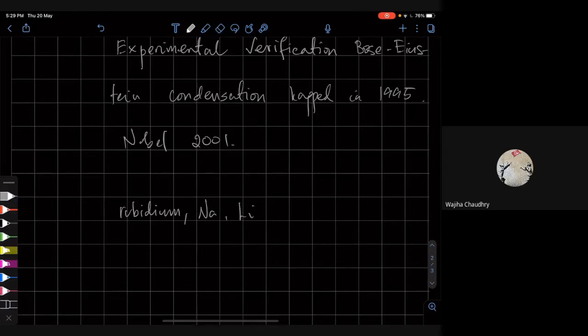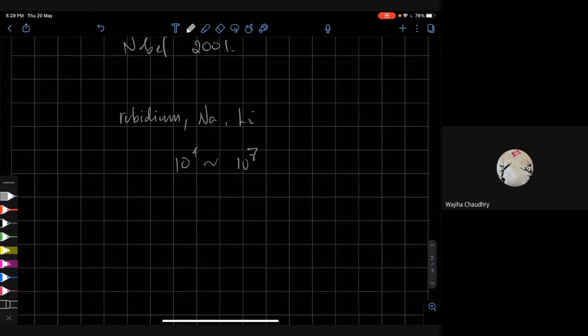So lithium. Then what they did is they took about 10,000 to about 10 million of these guys, and then they cooled them down to unimaginably low temperature, like 10 to the power minus 7 K.